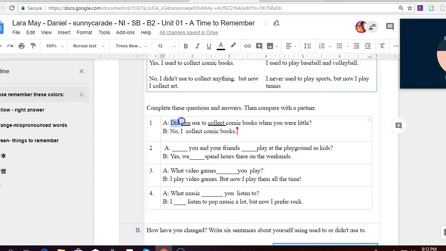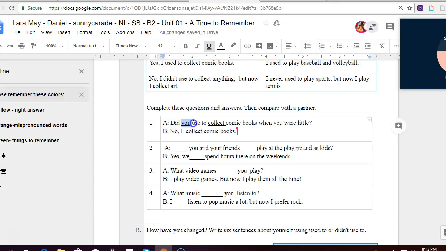So what will be the word before the noun?